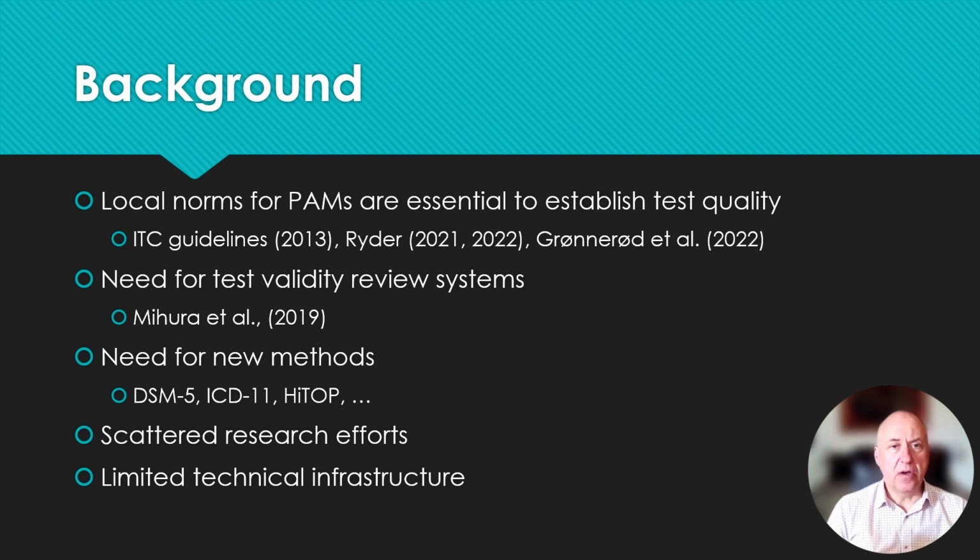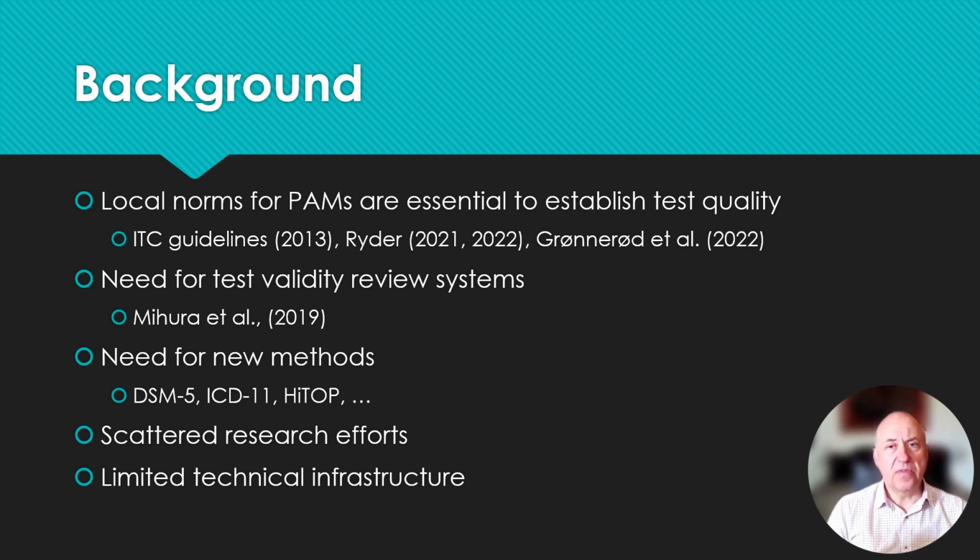On a larger scale, Mayura and colleagues have pointed to the need for test validity review systems. How can we, as professionals, make sure that we use high quality methods in the right manner? To be able to do that assessment, we also need some kind of review system, and then putting this infrastructure in place might be helpful for that.